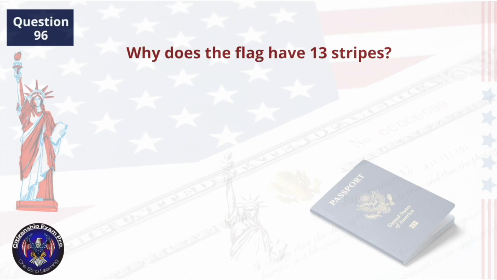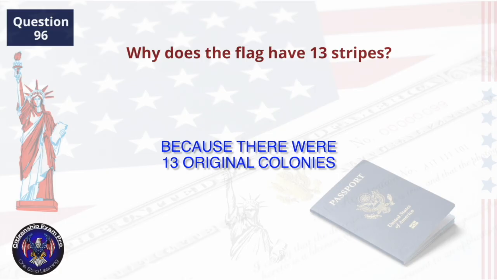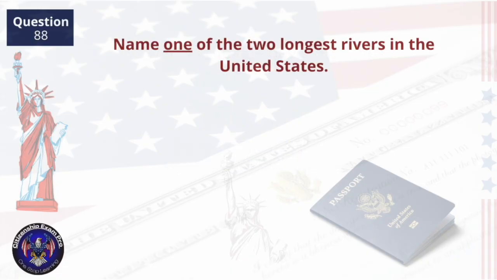Why does the flag have 13 stripes? Because there were 13 original colonies. Name one of the two longest rivers in the United States.